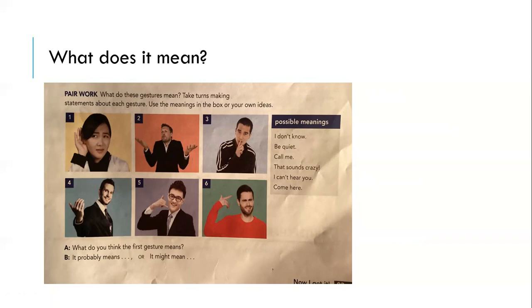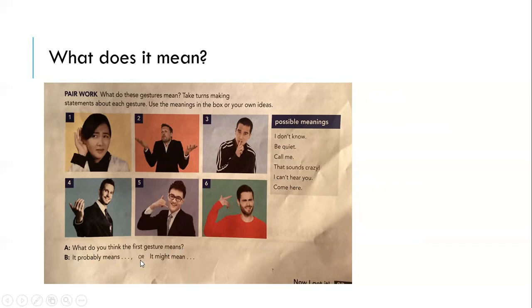What I'm trying to say is that in this example, what do you think the first gesture means? First one, we have B. It probably means I can't hear you, right?